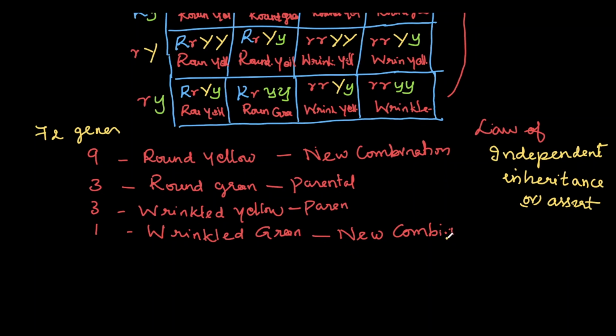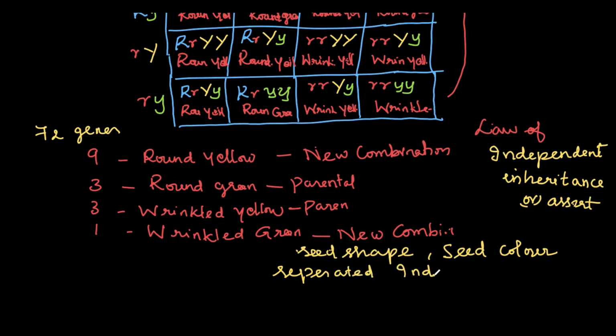So it proves that seed shape and seed color separated independently during gamete formation. So it proves the law of independent inheritance by Gregor John Mendel.